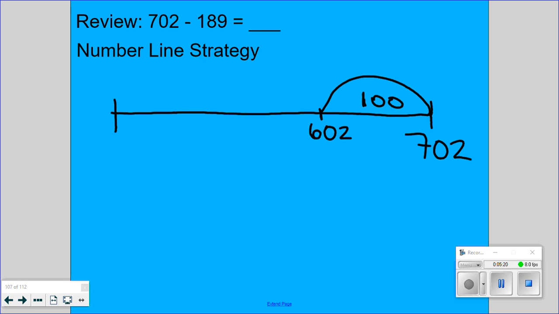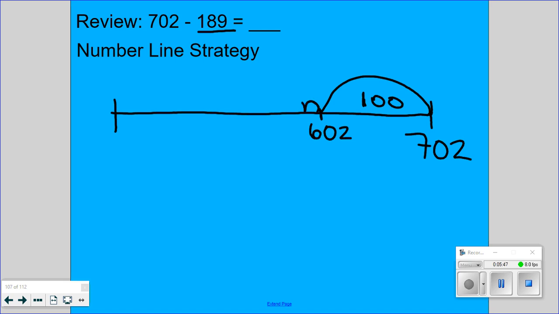Now what? We are only going back 189. And I've already gone back 100. So do I need to do another 100? 9 ones. You want to do 9 ones? Okay.